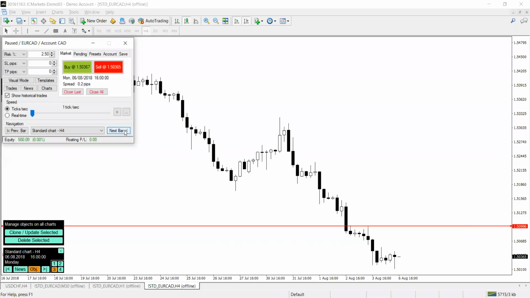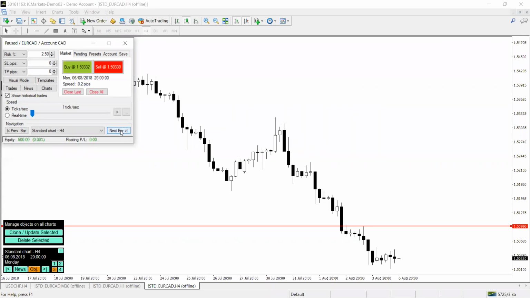When these setups pop up, you will see them. So let's just wait for the most obvious ones, and we're fortunate enough to be able to go next bar. So what's the market doing at the moment?